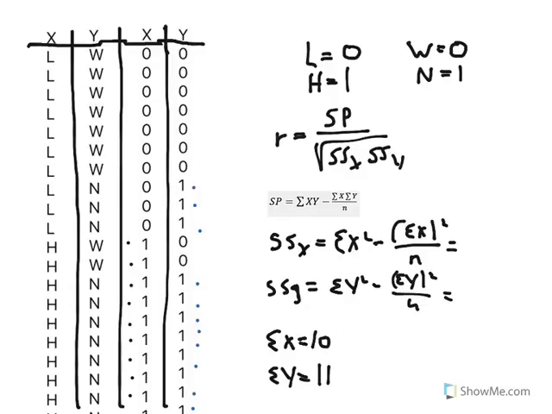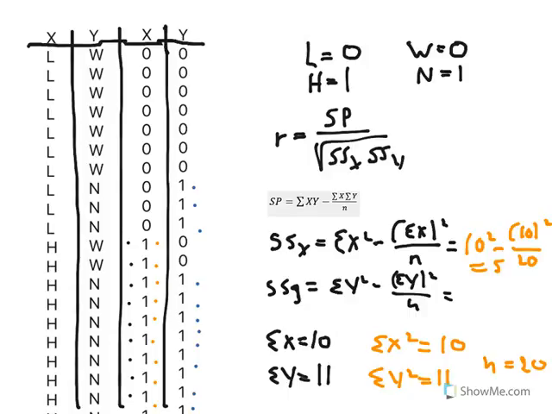In order to get the sum of x squared, we have to square this, and we get 10, because 1 squared each time is 1. Do the same for y squared, which is 11. We know n is 20.